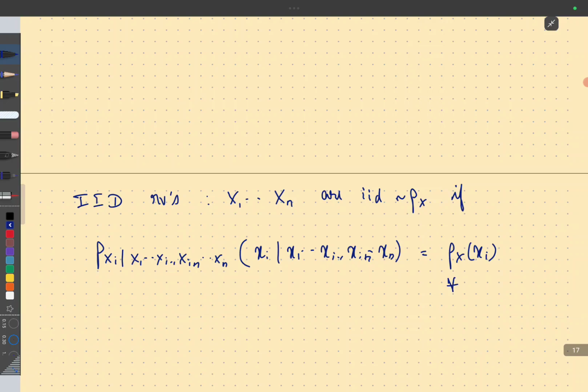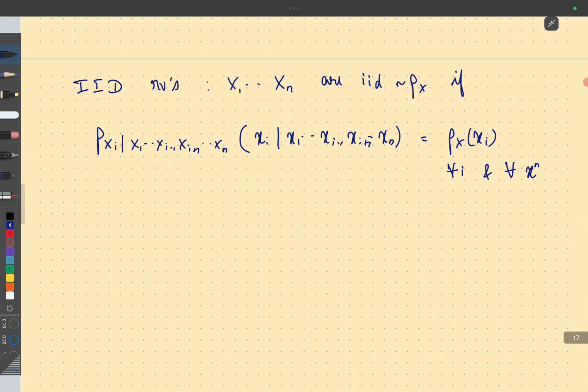And this holds true for all i and all x^n. Correct? That's one way of stating it. The other way is that the joint distribution of x1 through xn is equal to the product of the marginal distributions, and all the marginal distributions should follow the law P_X. So this is the product over i equal to 1 to n of P_X of xi, and this should hold true for all x^n.